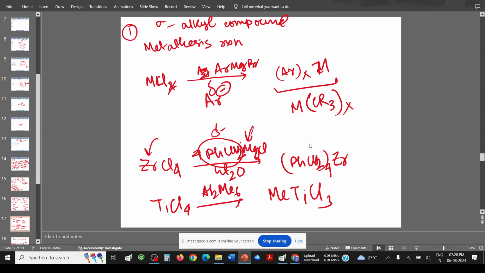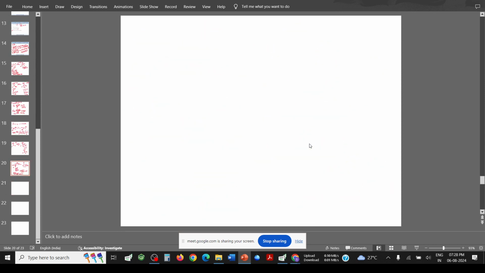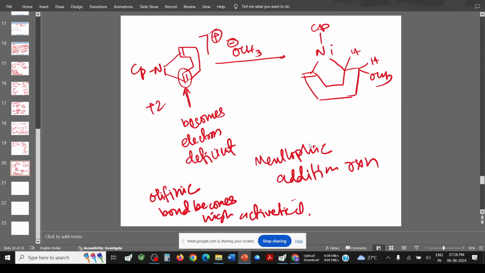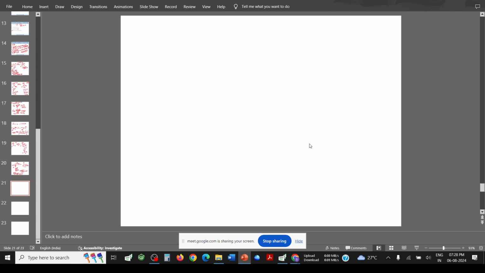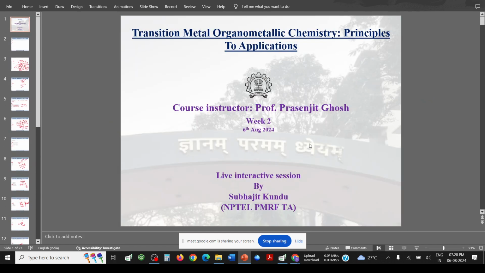With that we have concluded week 2, and lastly we also discussed the activated olefin and how it is attacked by the nucleophile to form metal alkyl complexes. I think this is enough for this. We have discussed most of the topics covered in week 2 content.